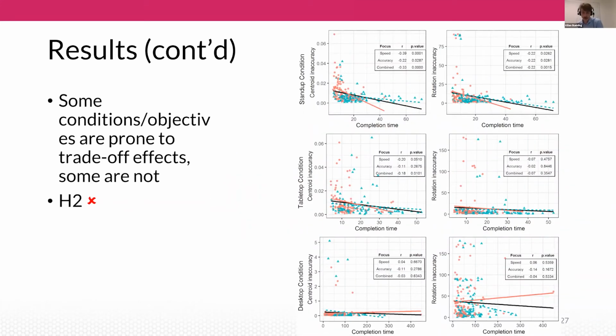There is a trade-off in the stand-up condition, but the desktop condition is completely robust against effects like that. Even if we tell the subjects to focus on accuracy, they do not become significantly slower. And if we tell them to focus on speed, they do not become more inaccurate. So we have to reject hypothesis 2.